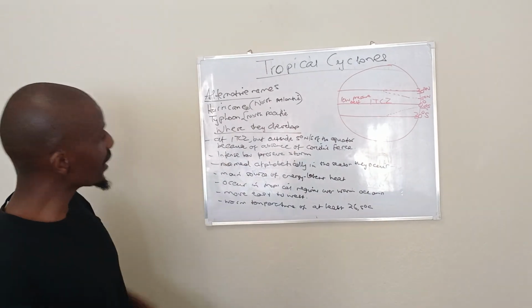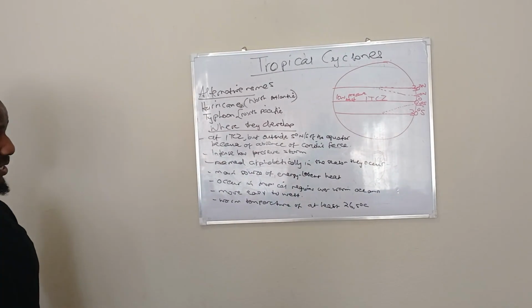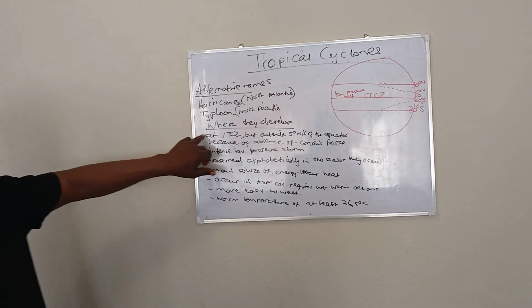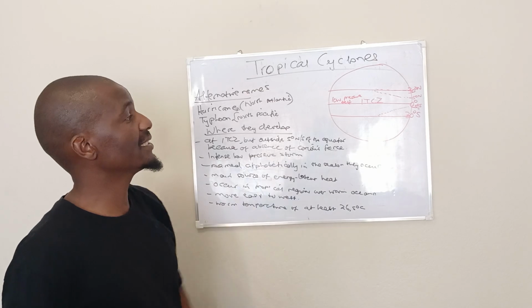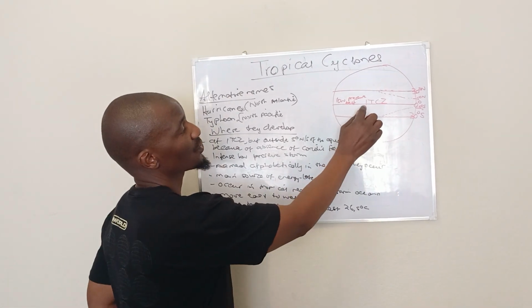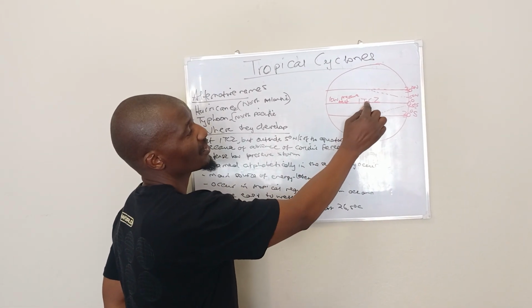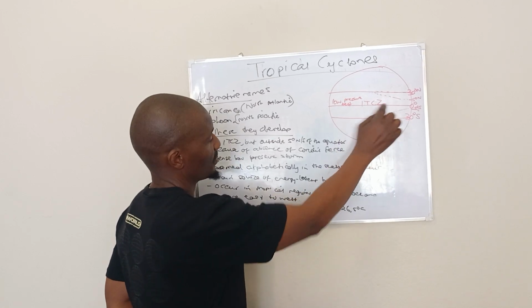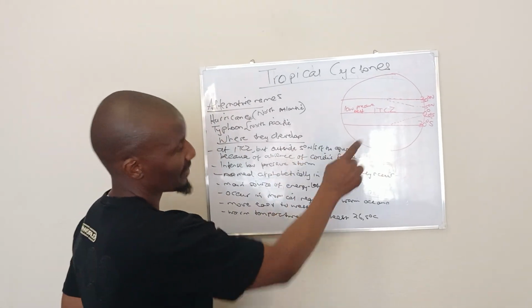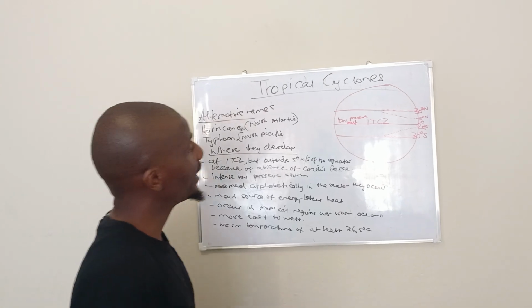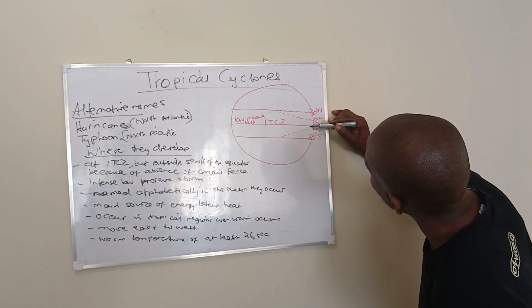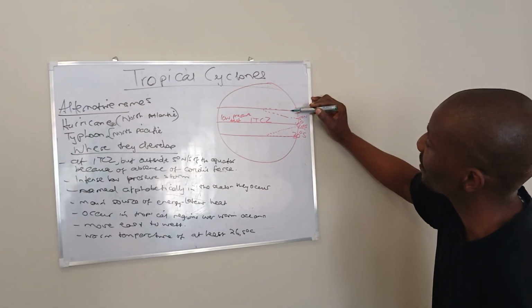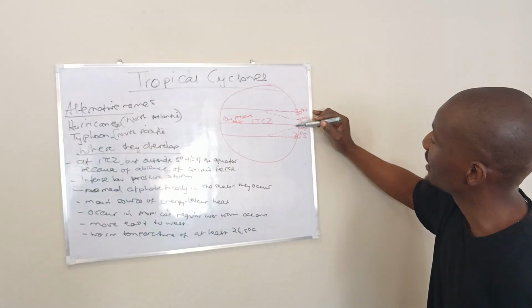Okay, where do they develop? The first thing is they develop in the ITCZ. This is your intertropical convergence zone. This is where they develop, outside the 5 degrees north and south of the equator, which means here there is no Coriolis force. Remember, we said wind is deflected to the right in the northern hemisphere and to the left in the southern hemisphere.